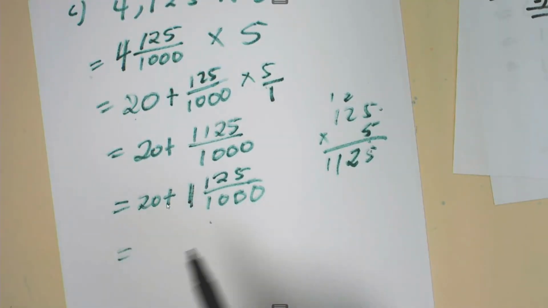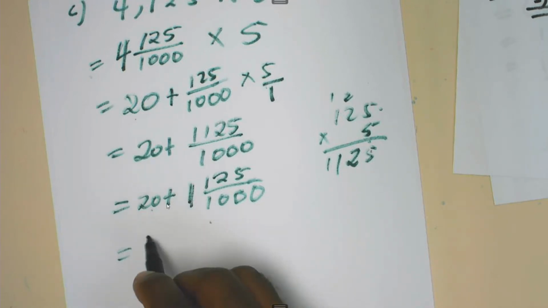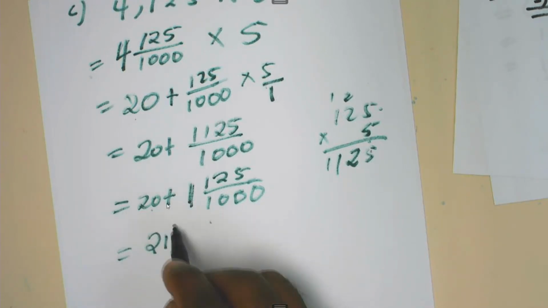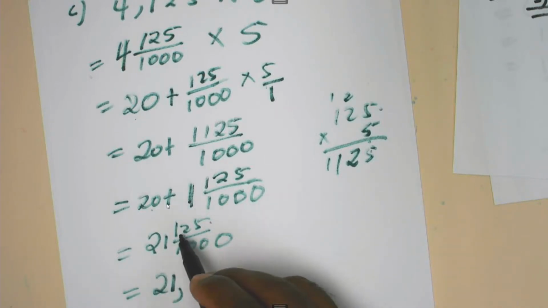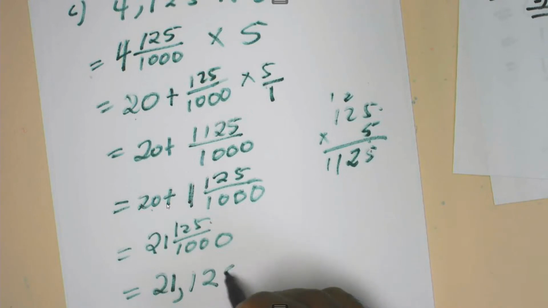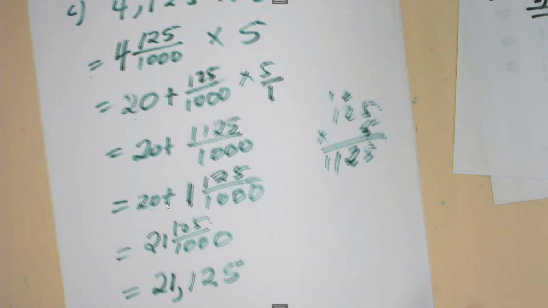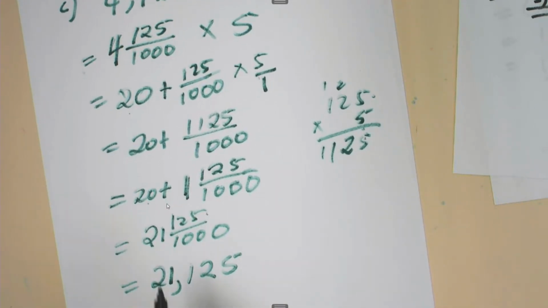Then what is going to happen? 20 plus 1 is 21, and 125 over 1,000, which is going to be what? 21,125. Simple as that. Very easy.